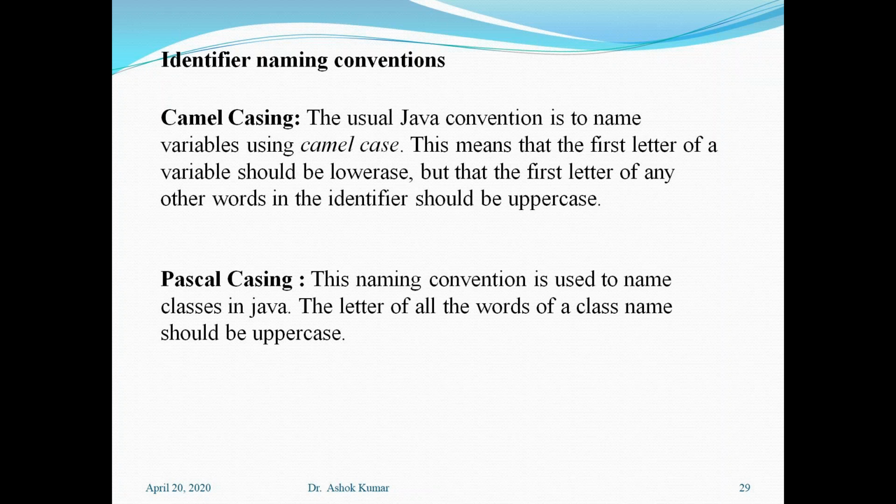For example, if the class name is ArrayIndexOutOfBounds, then the A of the first word Array should be capital, the I of Index should be capital, the O of Out should be capital, the O of Of should be capital, and the B of Bounds should be capital.